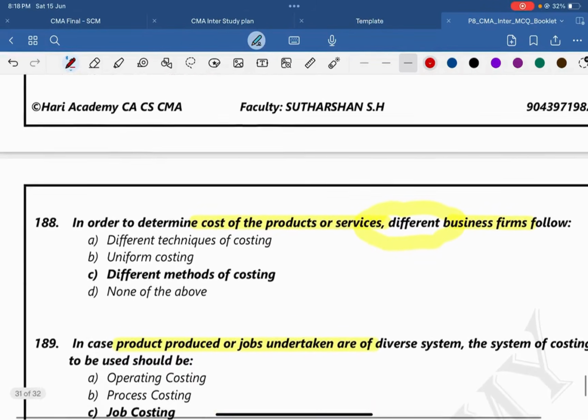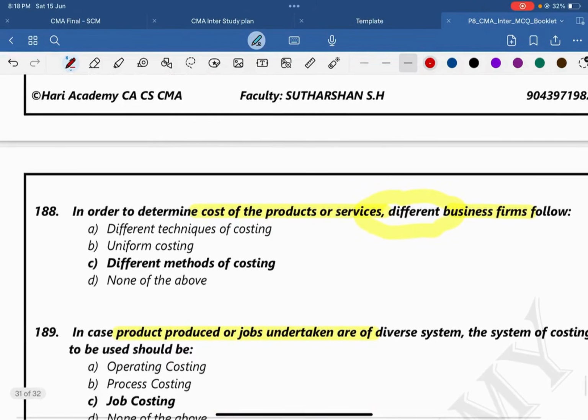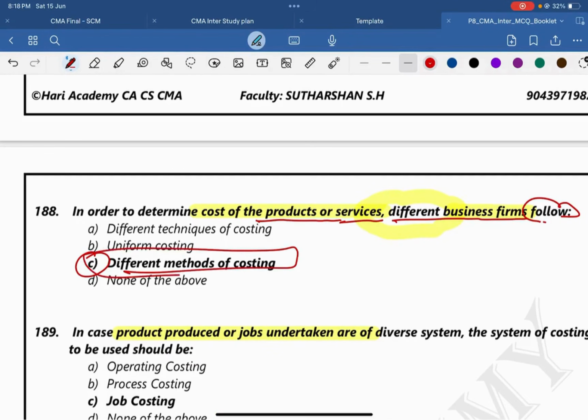Next, in order to determine the cost of products or service, different business firms follow different methods of costing, based on the requirement of the business firm. Okay, here I am going somewhat slow. In some of the questions I may get it wrong.